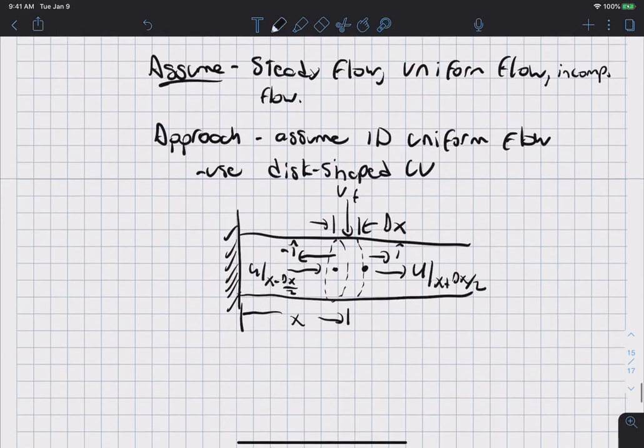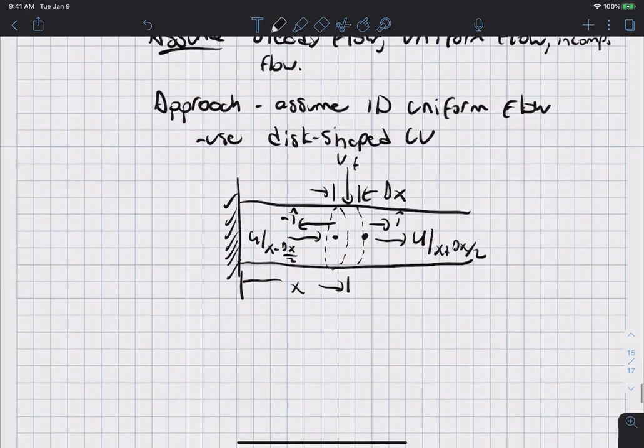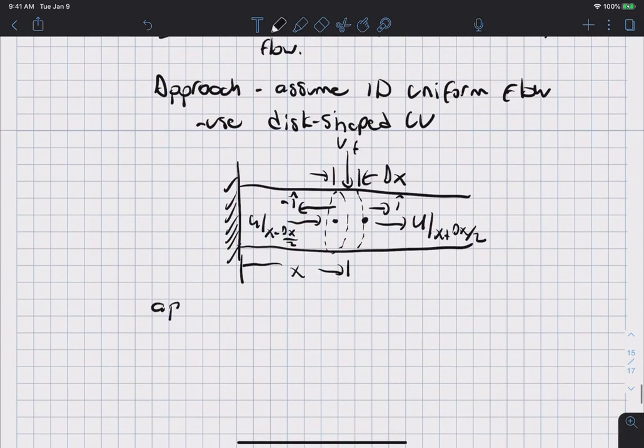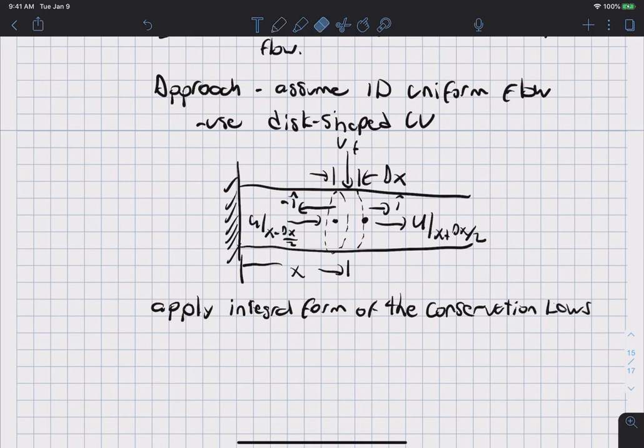First we're going to find the velocity as a function of x, so apply the integral form of the conservation laws to the disk-shaped control volume.